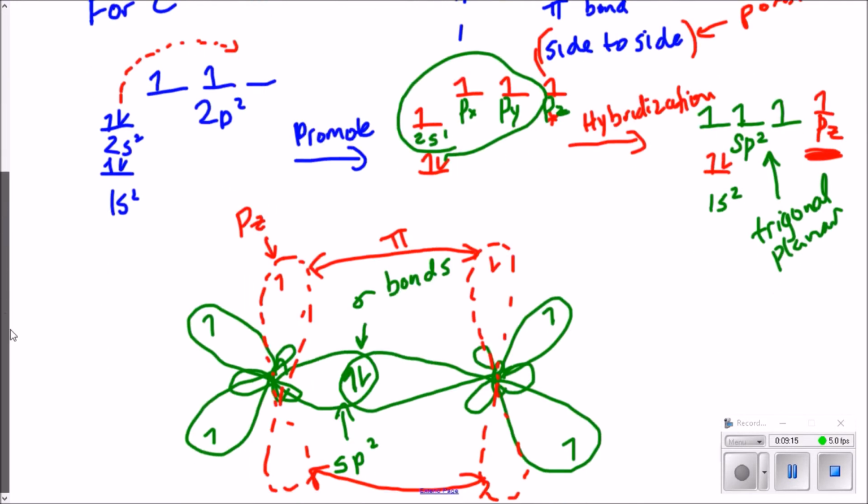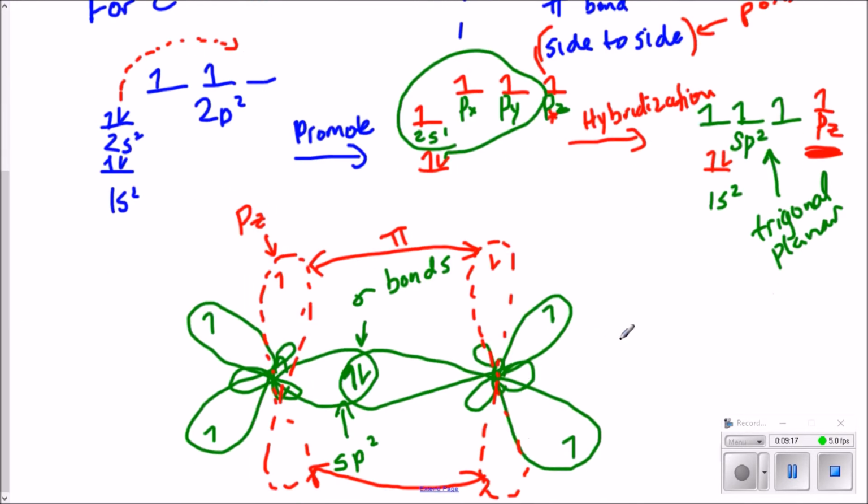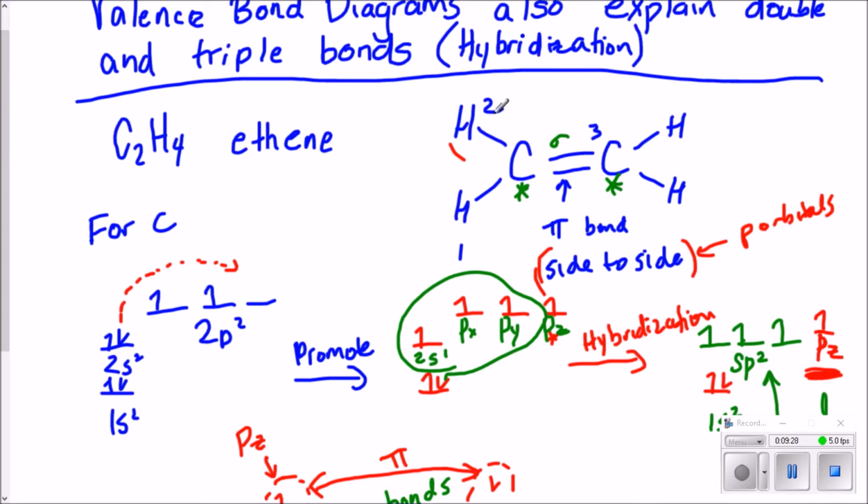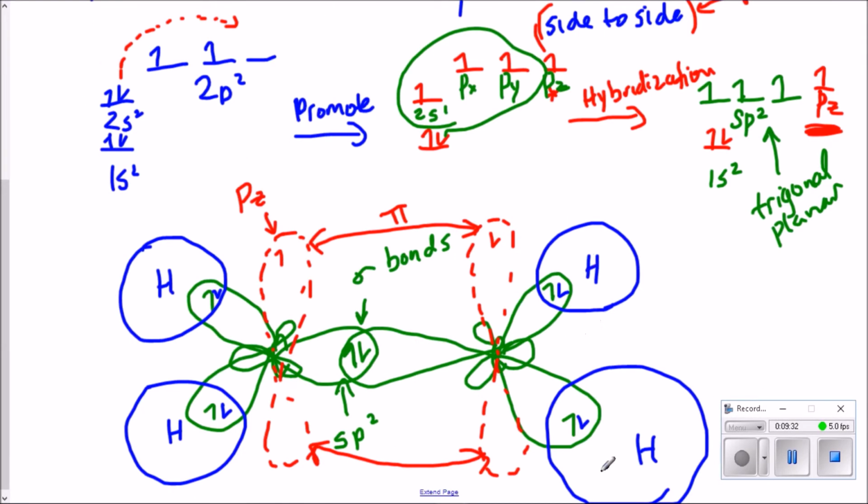Now our molecule isn't quite done, because we still have those hydrogens on each end of the carbons. At both ends you have 2 hydrogens bonded there. So they're going to be bonded to the sp2 orbitals there. And if you recall the energy level diagram, for each one of those, hydrogen is 1s1. So we're going to just put an s orbital and put an electron in there. What kind of bond is that?